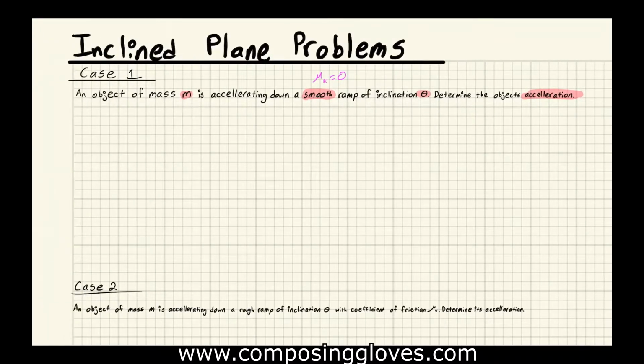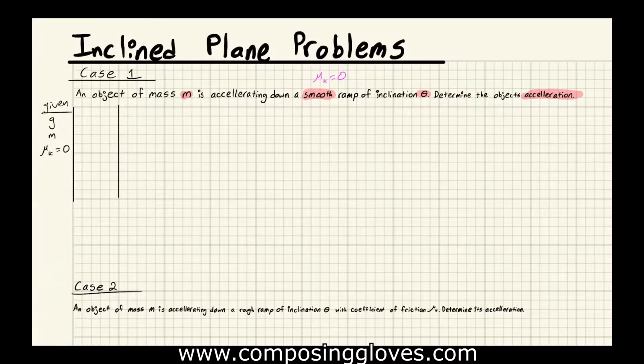So the way I always start these things off is I create a column, and this column is our given column. This is the stuff we know. So for example, we know that we're on the earth, so we know gravity. We know we've got an object of mass m, so we have our mass there. We know our coefficient of friction is 0.